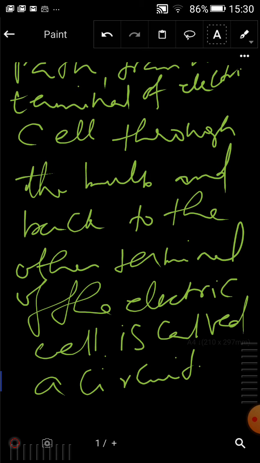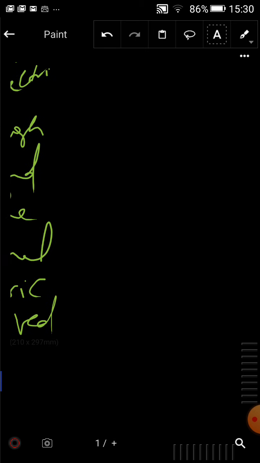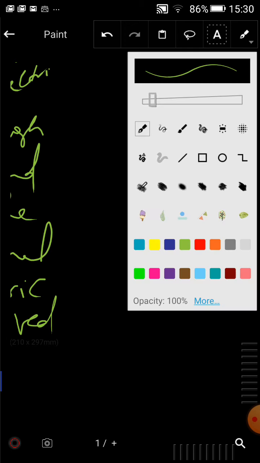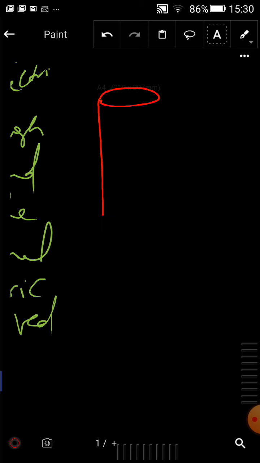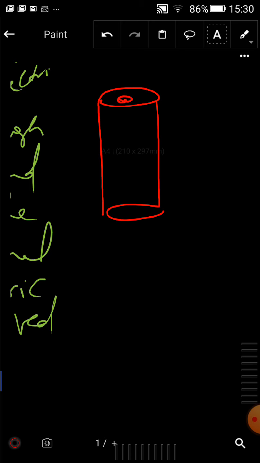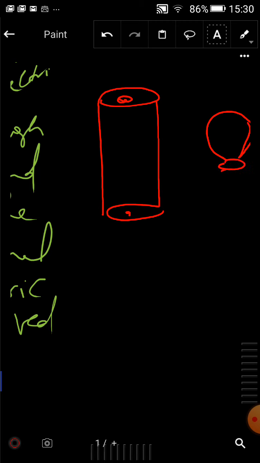Now coming to what is an open circuit and what is a closed circuit. Let me show with the figure how the circuit actually is. Suppose, as I told you, this is the cell with positive and negative terminals which is joined to the bulb like this.